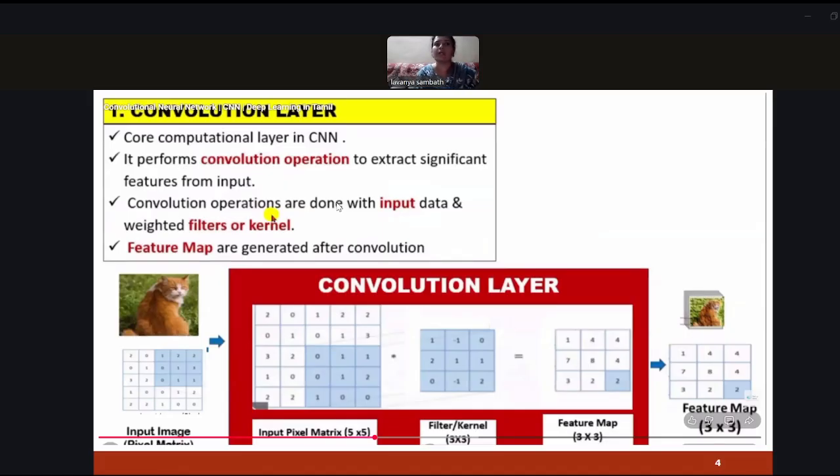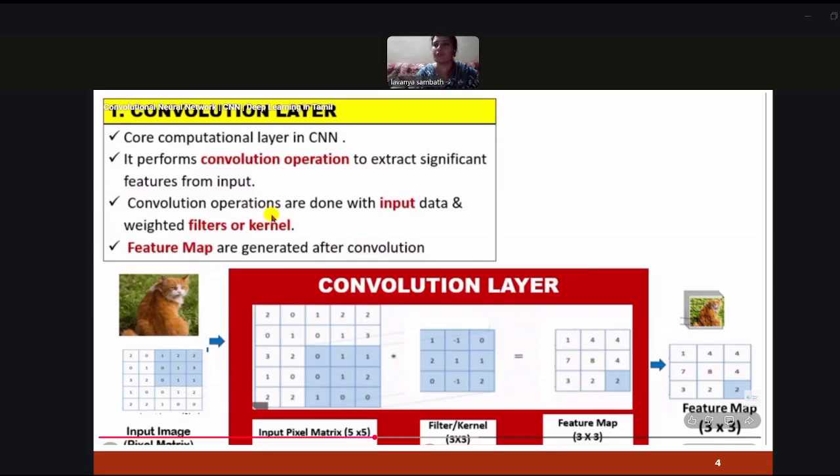The convolution layer is the core layer of a convolution neural network. It performs the convolution operation. Suppose you are given an input image matrix of 5x5 size. We take a filter or kernel and convolve that filter over the input image matrix in order to produce the feature map.